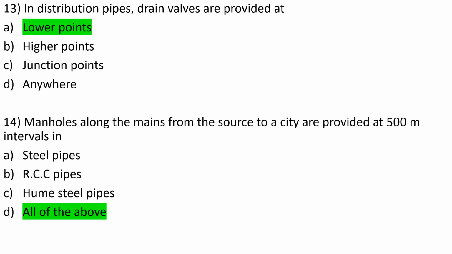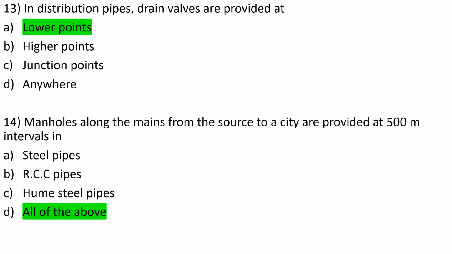Question number 14. Manholes along the mains from the sources to a city are provided at 500-meter interval in, we have four options. First one, A, steel pipes, B, RCC pipes, C, Hume steel pipes, and D, all of the above.